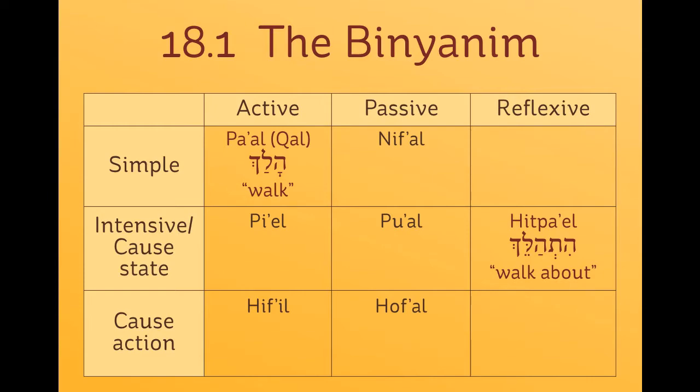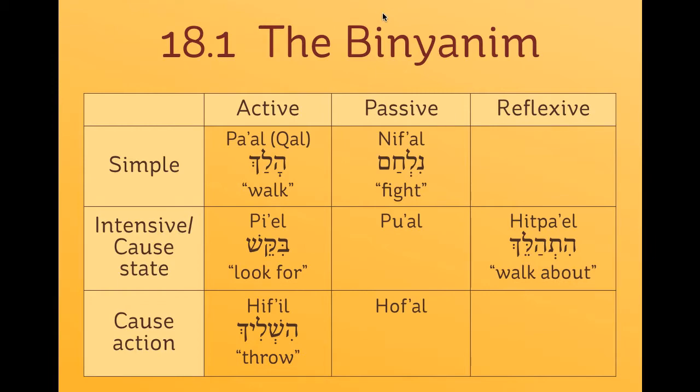So when one of the verbs is a pa'al verb, predicting the meaning of the verb from a derived binyan works really well. Now, to close, the other point is when one of those verbs is not a pa'al verb, this chart is misleading. So here's a chart with a model verb for each binyan, except for pual and hofal.